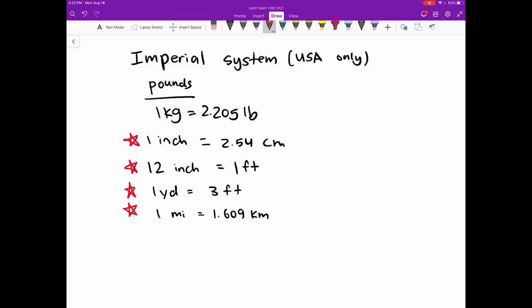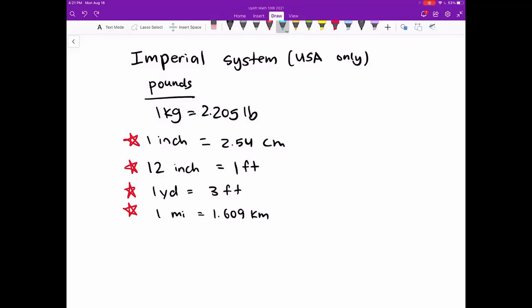That's true, you only need to know one of these, because once you get to inches, you can just use 1 times 12, and so on. You don't need to remember all of these.